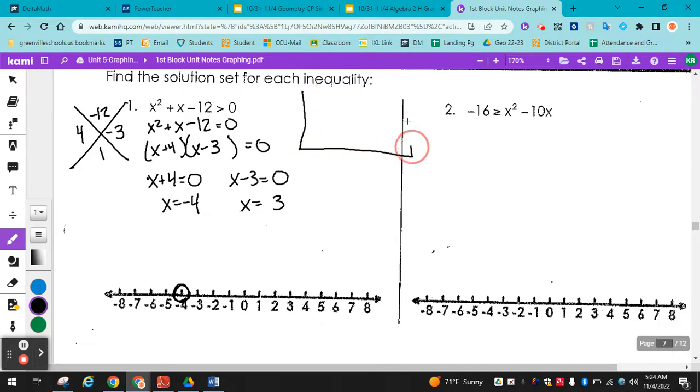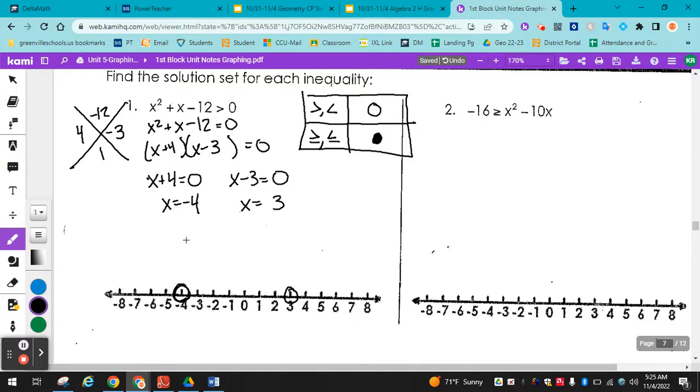So when we graph it, if it's greater than or less than, it has an open circle. If it's greater than or equal to or less than or equal to, then you'll have a closed circle at these solutions. And then 3, again, open.